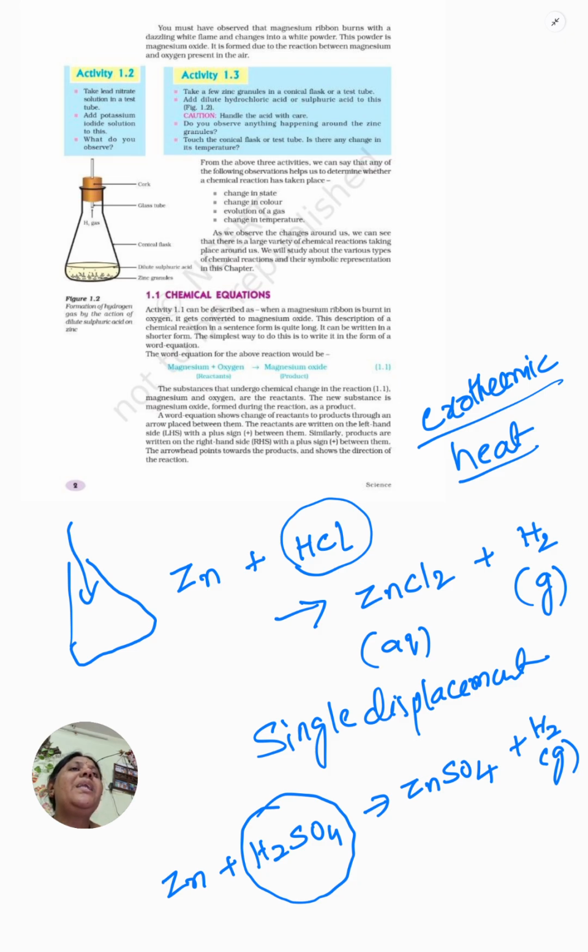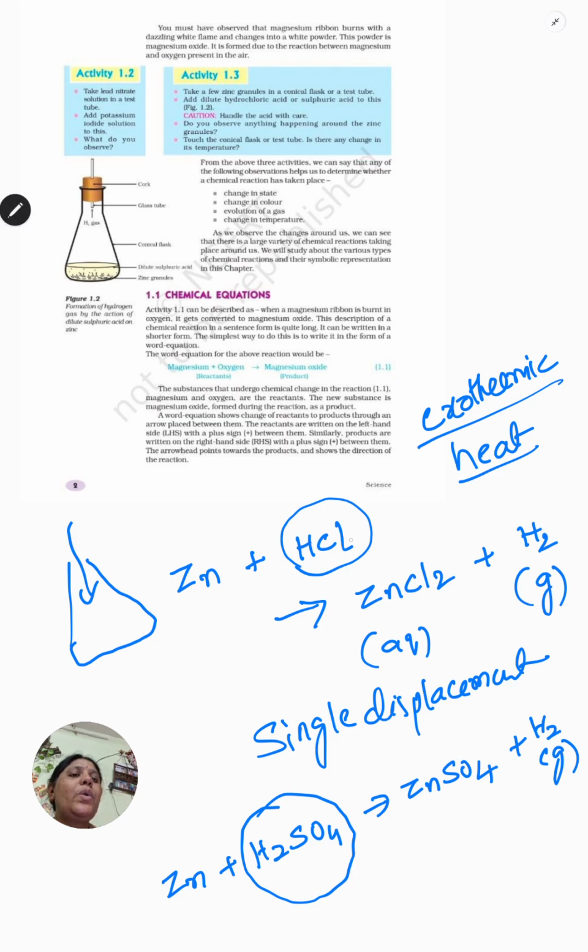Some heat will be released over here, so that's why it is given that you have to handle this with care. Touch the conical flask or test tube. Is there any change in the temperature? They are asking. Definitely you can observe a rise in temperature. It will be a little bit hot.